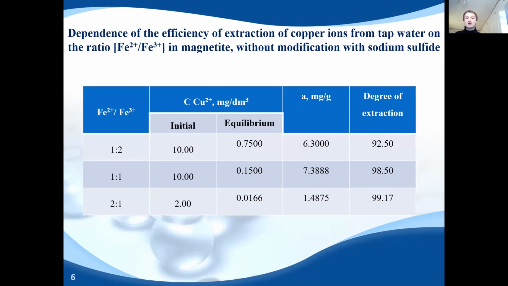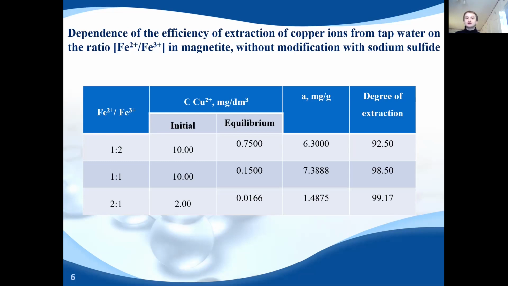Given the high quality requirements for water purification from heavy metal ions, especially when discharging them into fishery reservoirs or when preparing drinking water, it was interesting to determine the minimum concentrations that can be achieved when using magnetite-based sorbents.